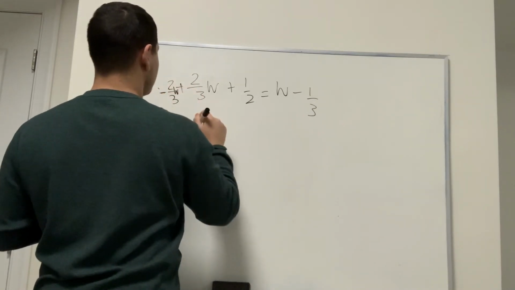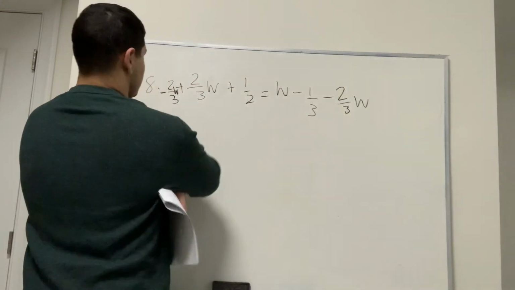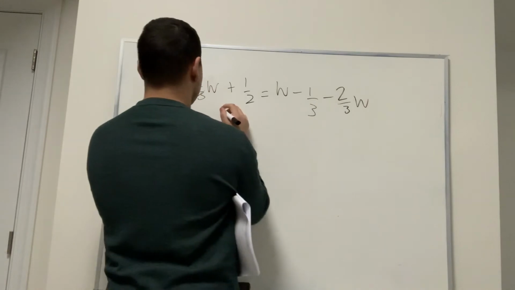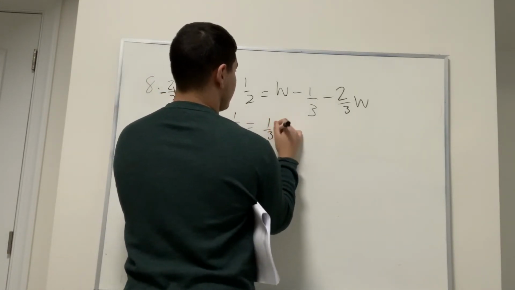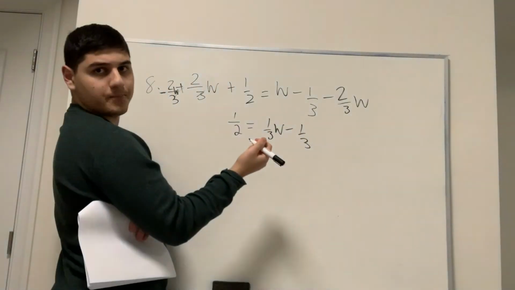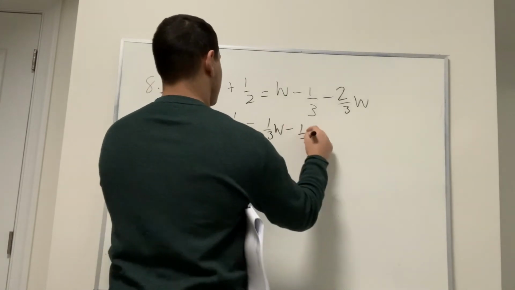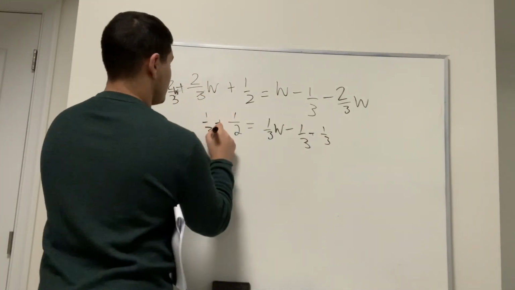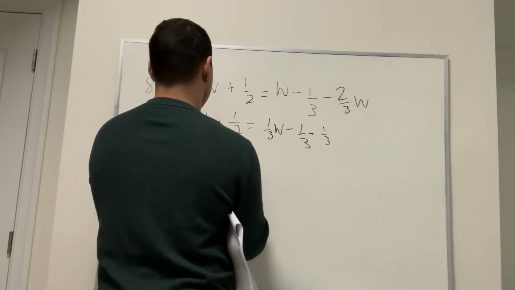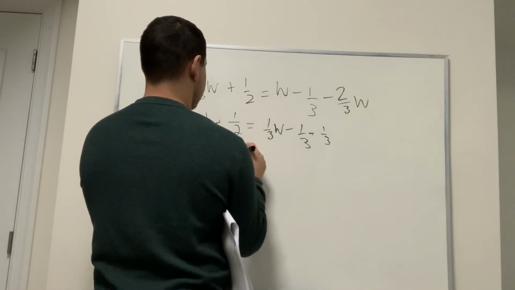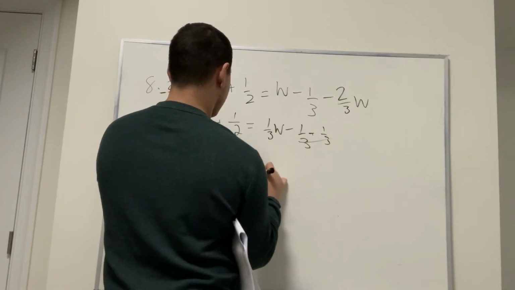Subtract 2/3 w, subtract 2/3 w, and these cancel, I'm going to get 1/2 equals 1/3 w minus 1/3, and then I'm going to add 1/3 to both sides, so this would be considered showing your work, and I'm going to get 5/6 equals, these cancel, 1/3 w.